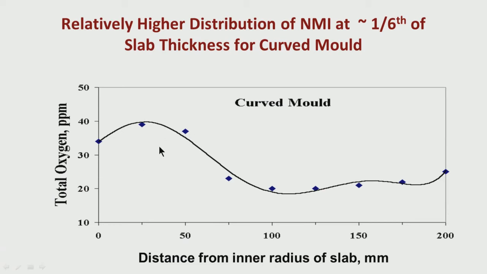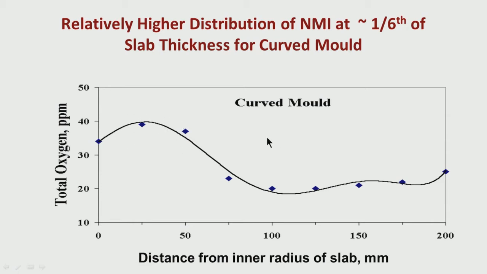So, whenever you will be rolling this slab, if you have not toppled the slab during rolling, the bottom surface will be having more defects, otherwise the top surface, that means the inner surface. So, it is better to mention that the surface at the inner radius will have more defects.